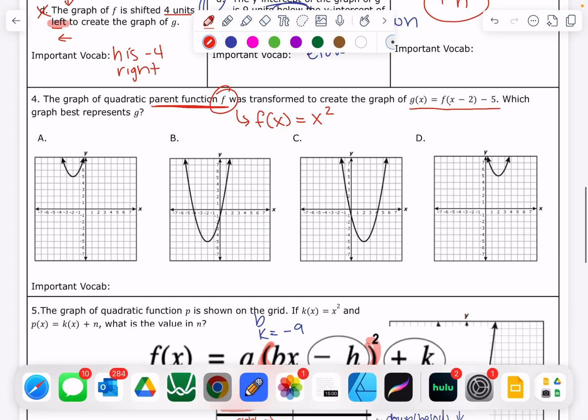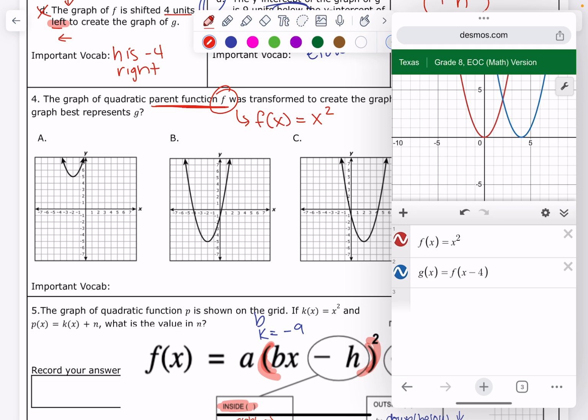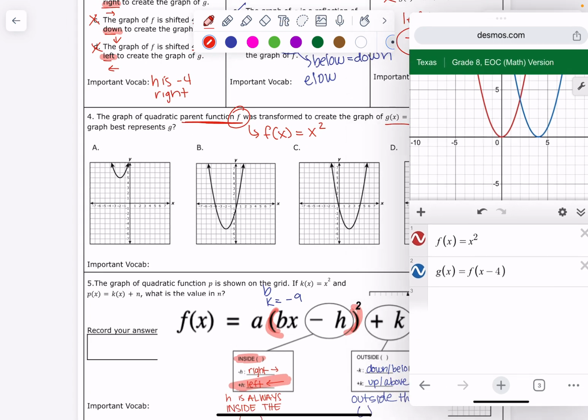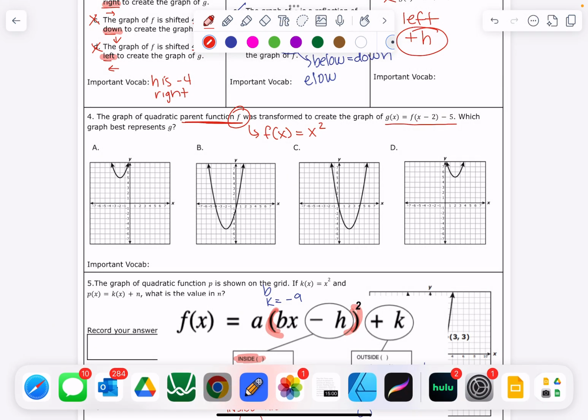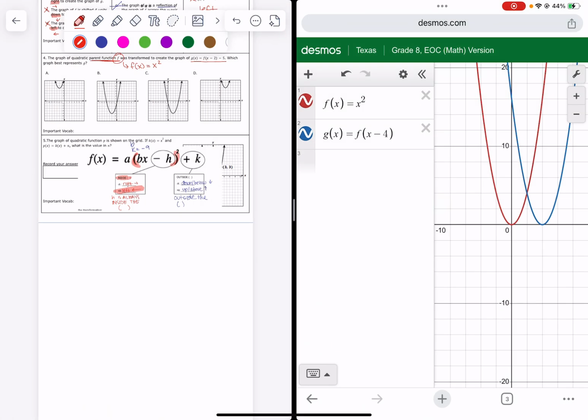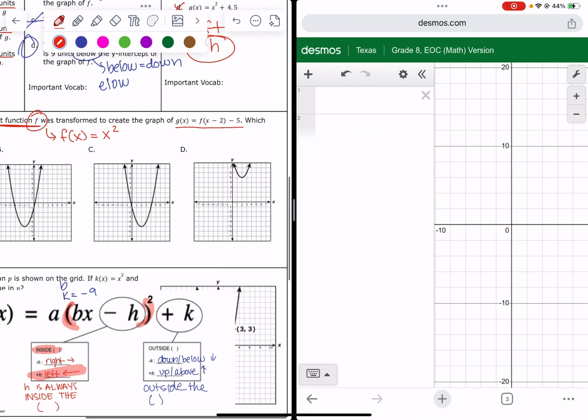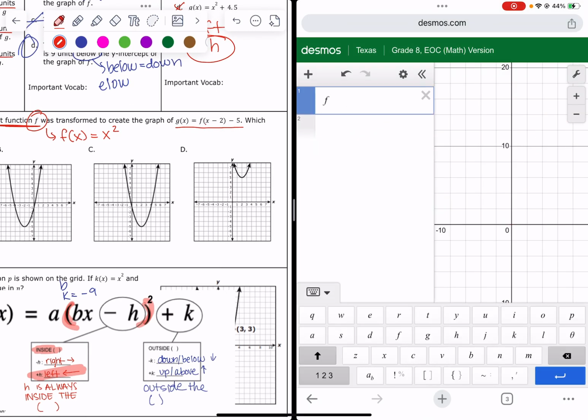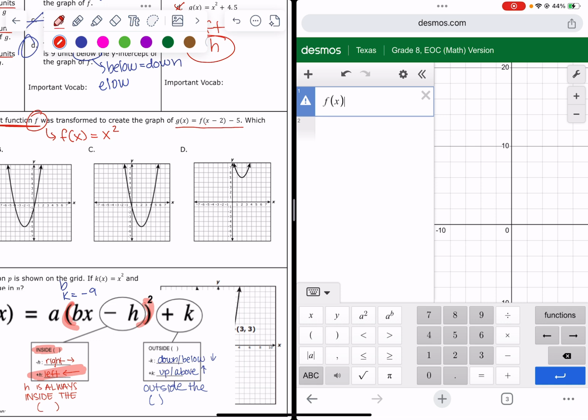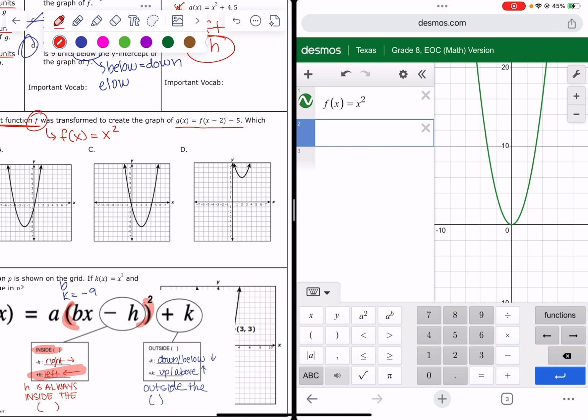So I'm going to go to Desmos and do what we did earlier. Okay. Let me actually split the screen instead of that. So I'm going to plug in my parent function, f(x) = x squared. Then I have g(x) = f(x minus 2) minus 5.